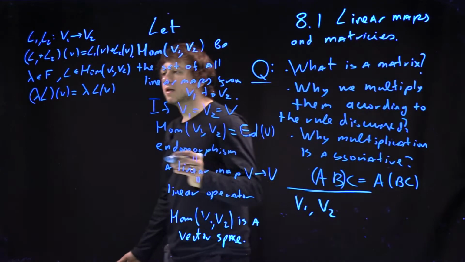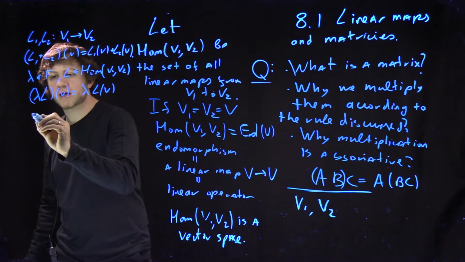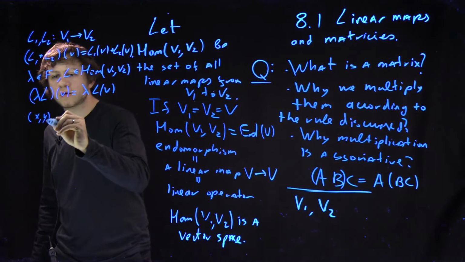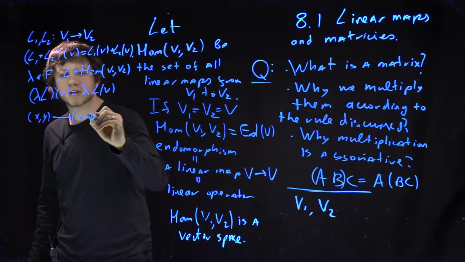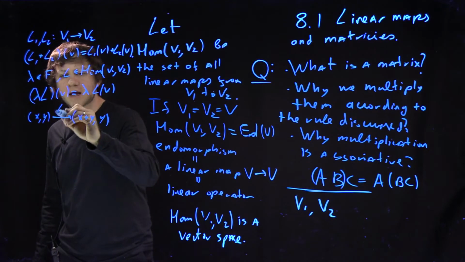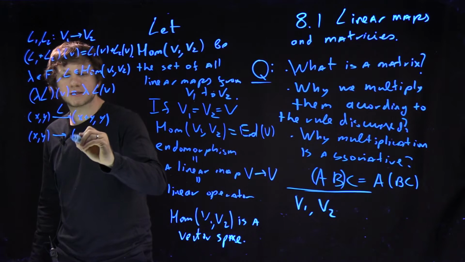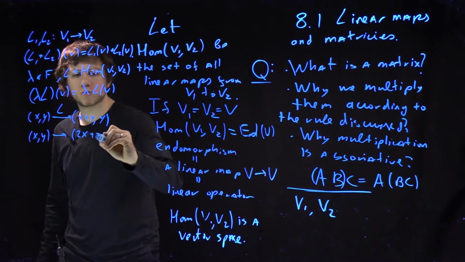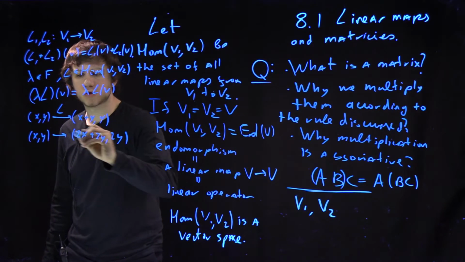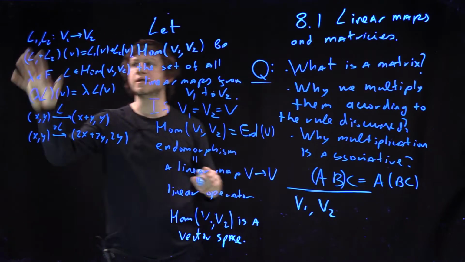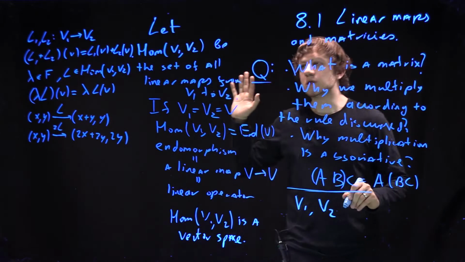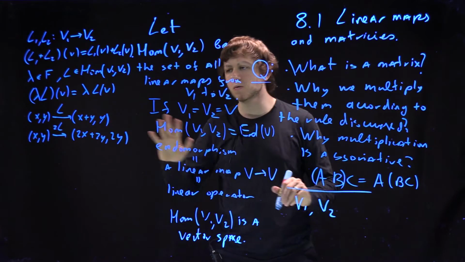I mean, that's completely a trivial observation. So if you have a map, say (x, y) goes to x plus y, and this is L, then 2L, for instance, takes (x, y) and sends it to 2x plus 2y. And then you can easily see that this is a vector space. Just all axioms hold and so on.